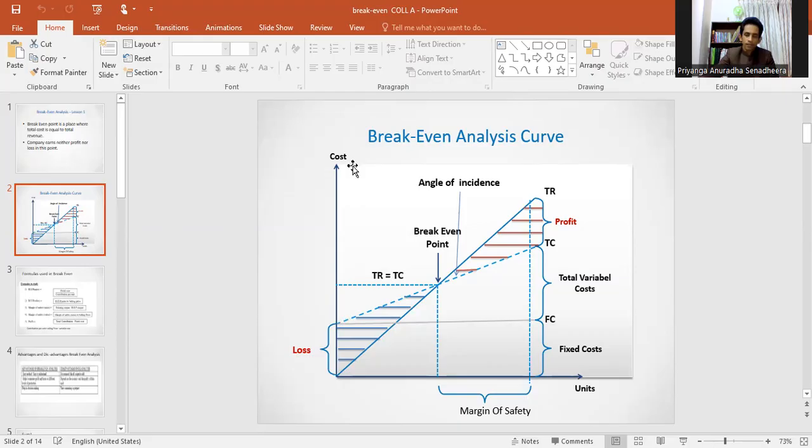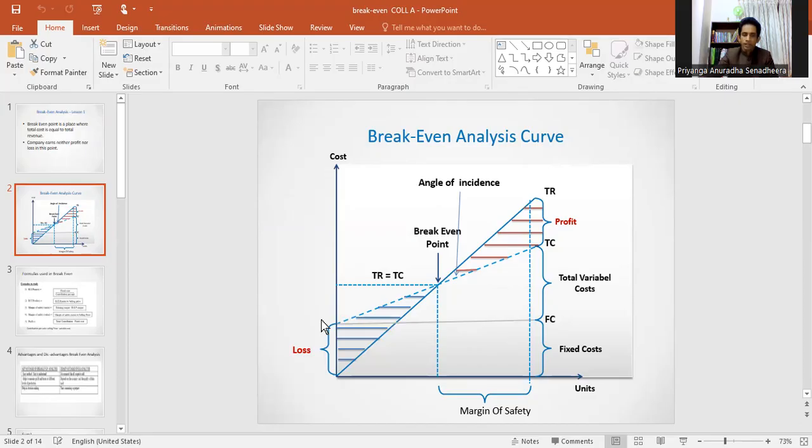Through a graph, we can also identify the break-even output, break-even point and break-even units. The first thing you can draw here is the fixed cost line. It is fixed. It won't change according to the number of products you produce. So you can easily draw the fixed cost line, a fixed line like this.